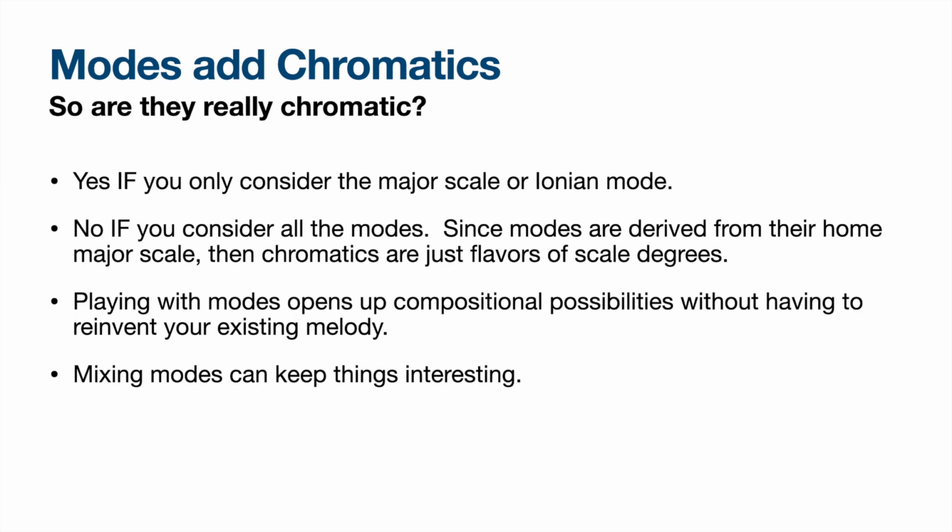You can also think of Stars and Stripes Forever. There are passing notes, and if you look at the whole score, they're not harmonized, so they're just there. We could say that's just chromatic.